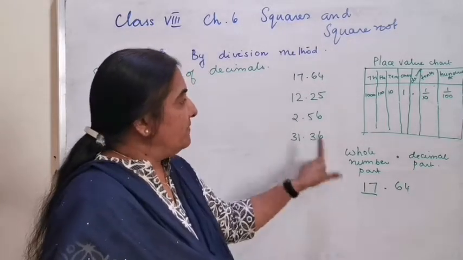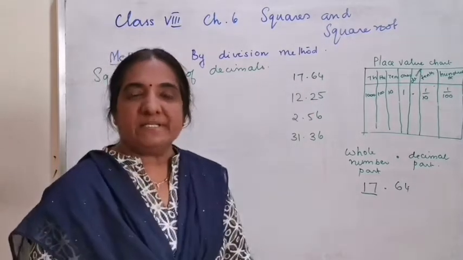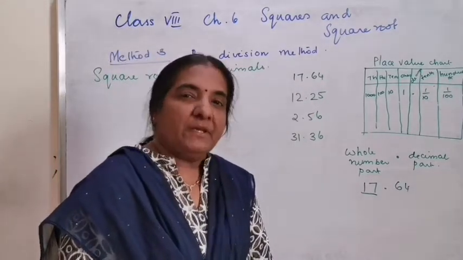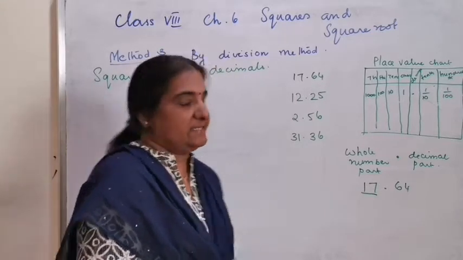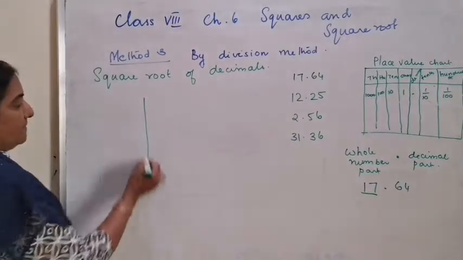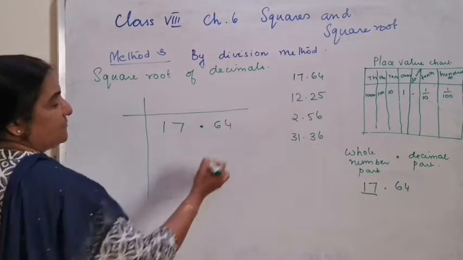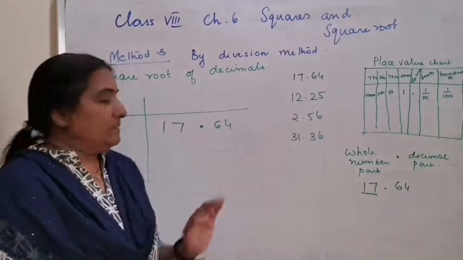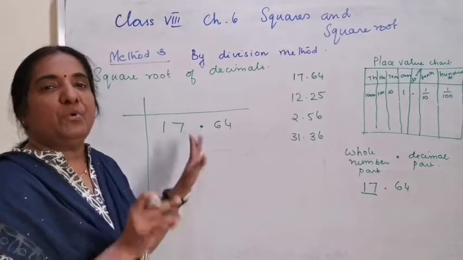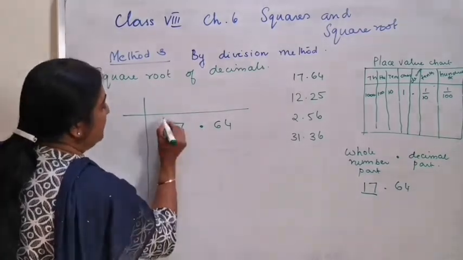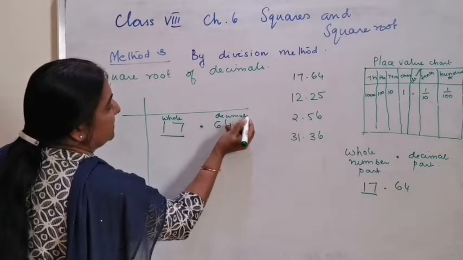Now, when you check the square root of decimal numbers by long division, the only difference is for the grouping of the digits. If you are supposed to find the square root of 17.64, the decimal has to be considered. That is, you are separating it as whole number part and decimal part.